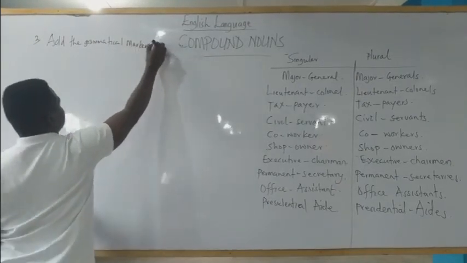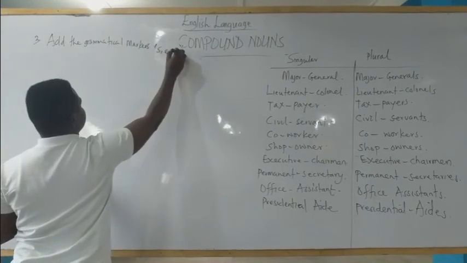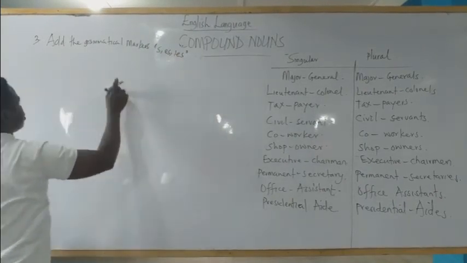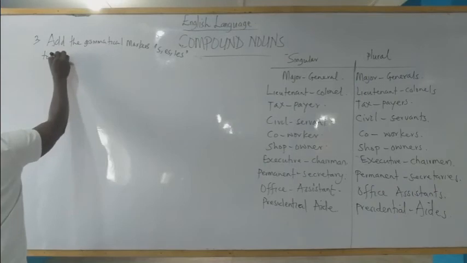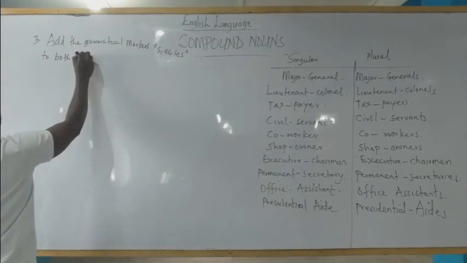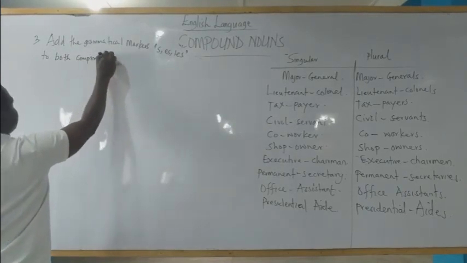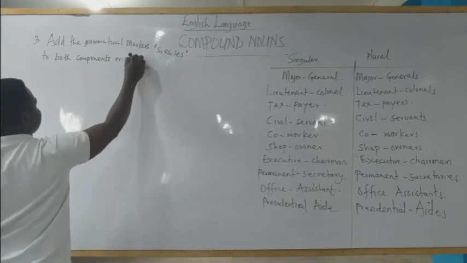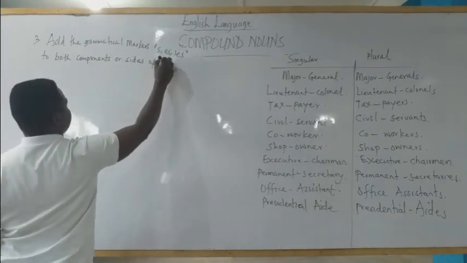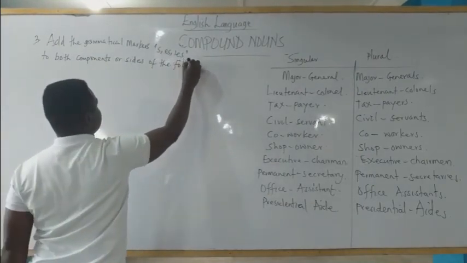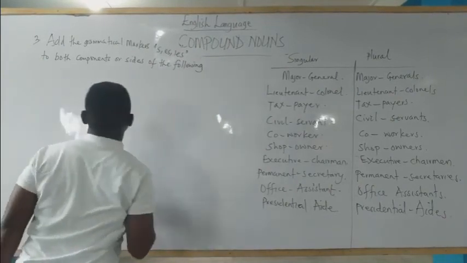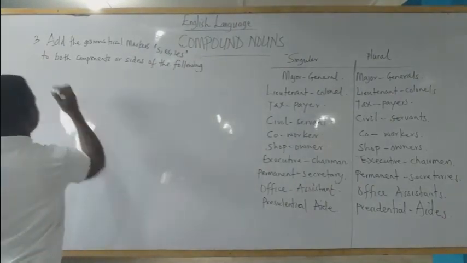What are grammatical markers? Your S, ES, IES. You add them to both components or sides of the following words.